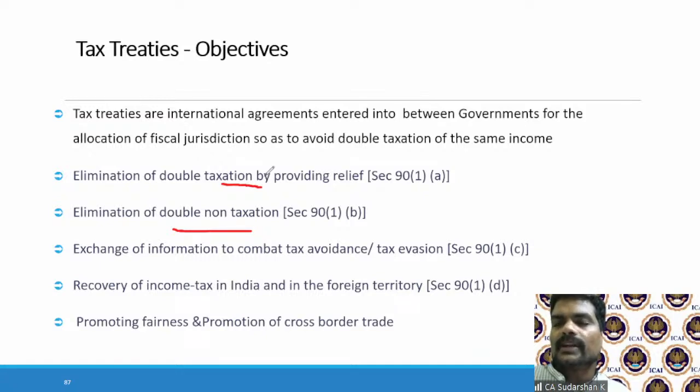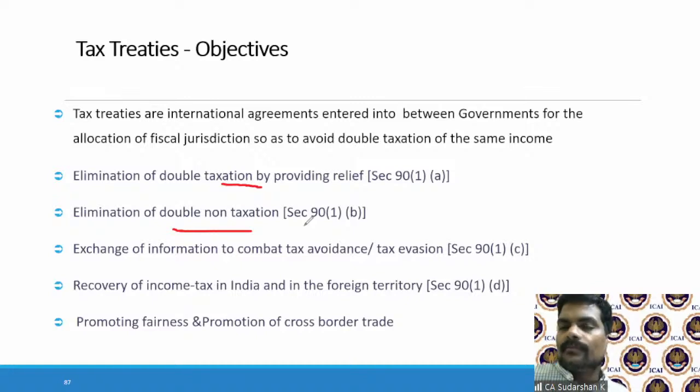A person should pay tax only in one jurisdiction. If he pays in both jurisdictions, either you give a credit and relief or give him an exemption. But what had happened is, over a period of time, many people misused this. So it became a situation where there was a lot of double non-taxation happening.